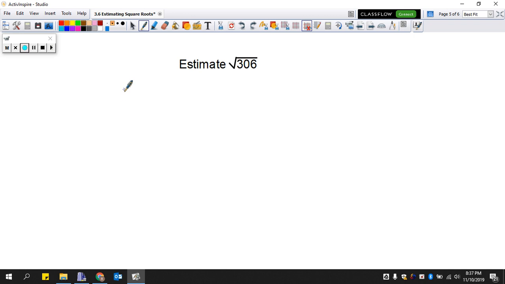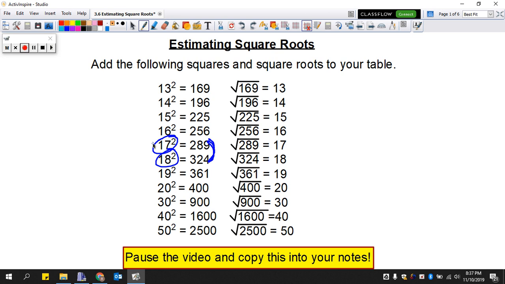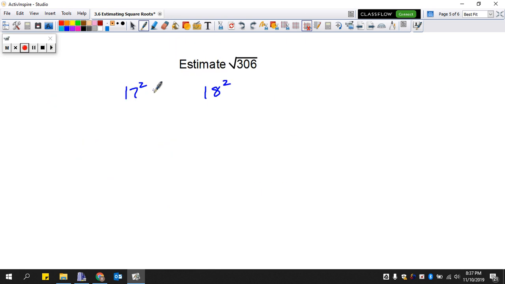When we find out which one's the closest, 306 minus 289 is 17, and 324 minus 306 is 18. We seem to be choosing ones that are really close together.